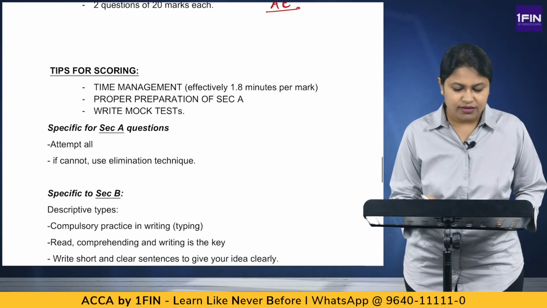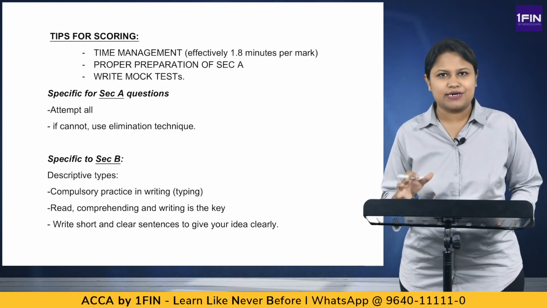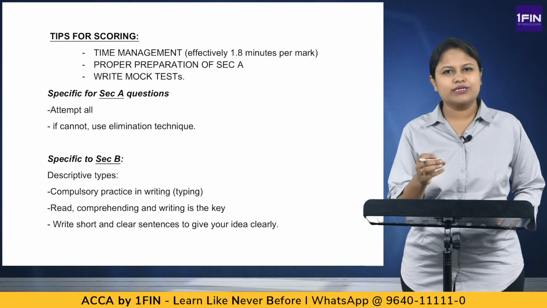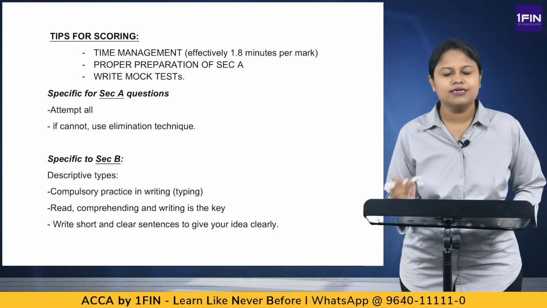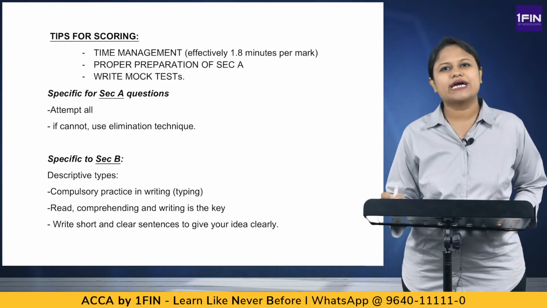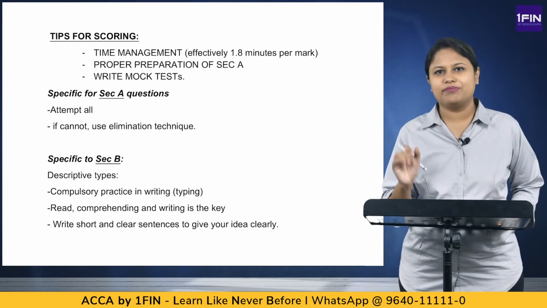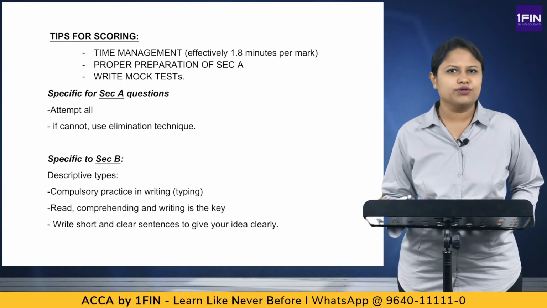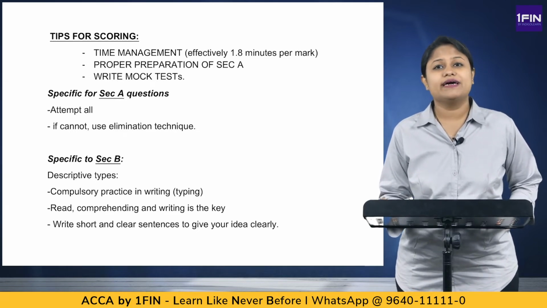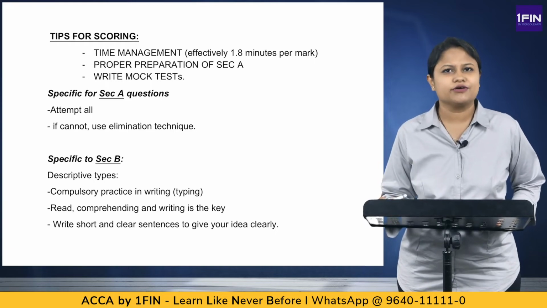Okay. Now, I know you all must be very interested to understand how to score really well. Before I get on with the pointers which I have captured here, one important element I want to discuss is that we have 2 sections, section A and section B. The perception in the minds of the students is that they will prepare extraordinarily well for section B, and section A they keep for a toss.